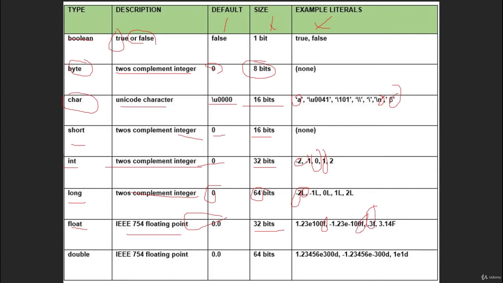And double floating point, 64 bits. Float is shorter in length than double. And these are the examples for the double.